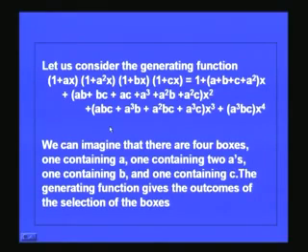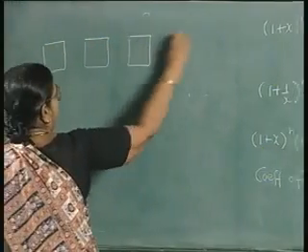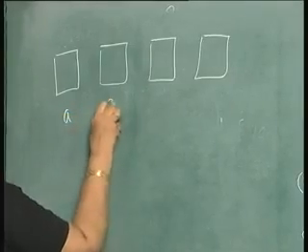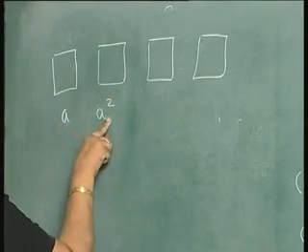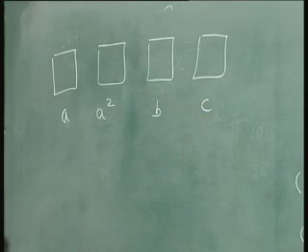This box contains 1 A, this box contains 2 A's, this box contains B, this box contains C. If you select one of them, what will be the outcome? It could be A, or it could be B, it could be C, or it could be A squared.